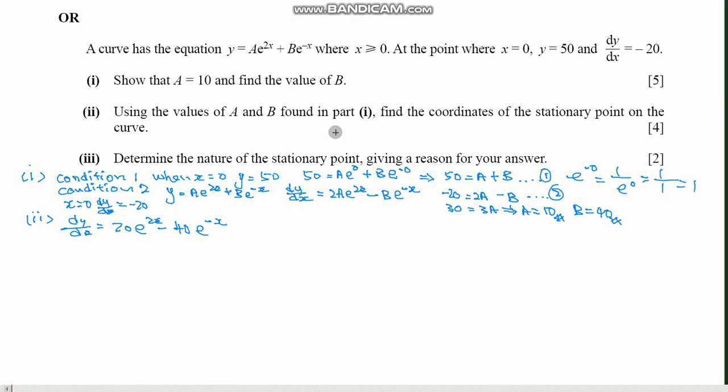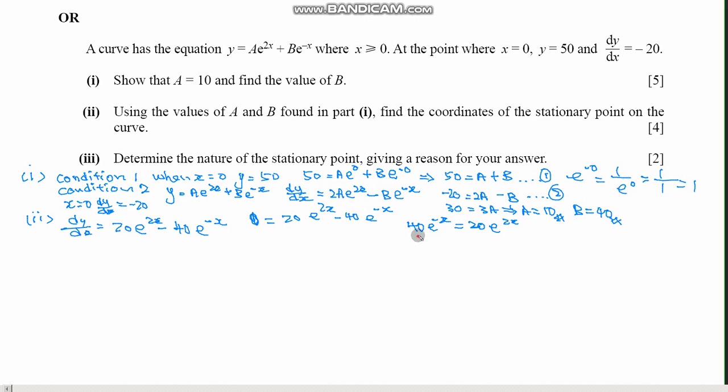Remove this now. So at the turning point, your dy/dx is equal to 0. So 0 equals 20 e^2x minus 40 e^minus x. Bring this over to this side, so you have 40 e^minus x equal to 20 e^2x.